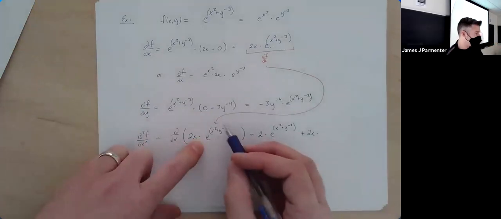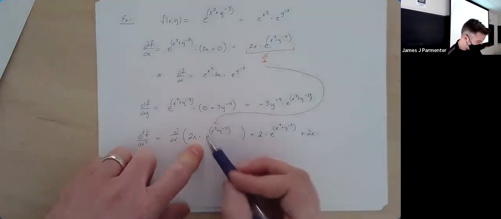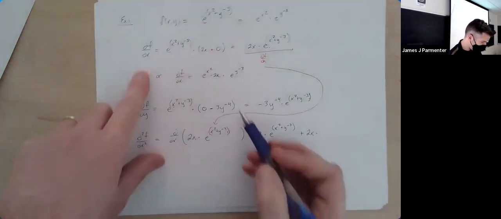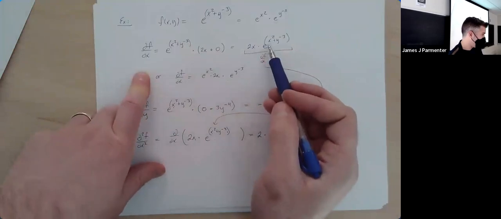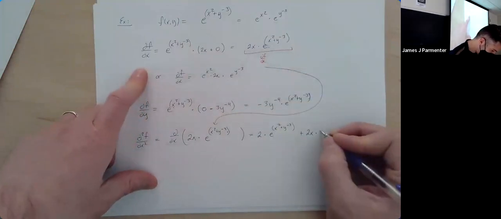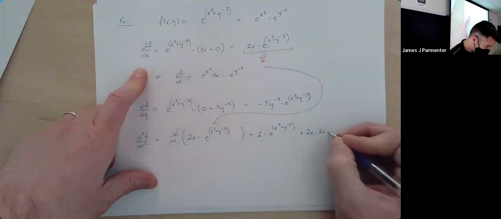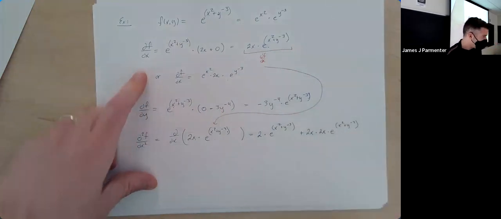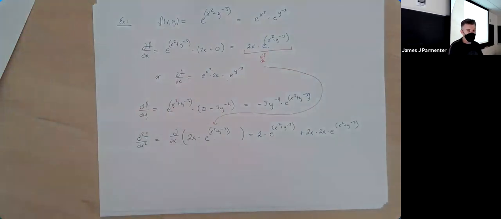This is where I like to use the work I've already done. I know that the derivative of e to the x squared plus y to the negative third with respect to x is exactly 2x times e to the x squared plus y to the negative third. So I can just write another 2x times e to the x squared plus y to the negative third. If I didn't have to take any more derivatives, I would probably just leave it like this.